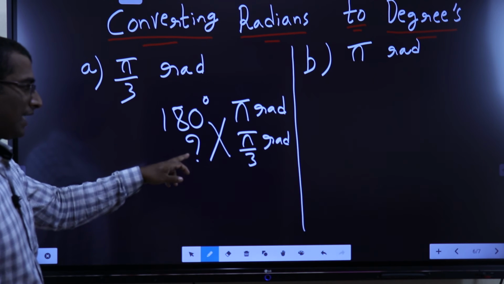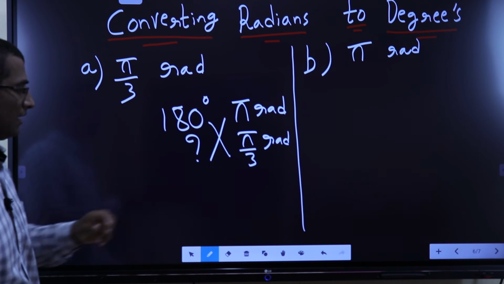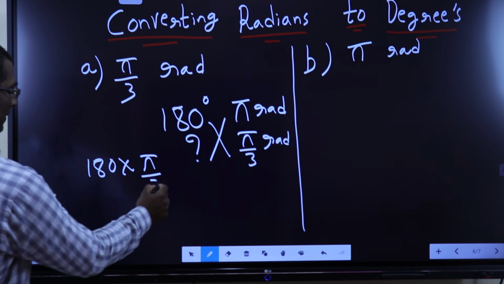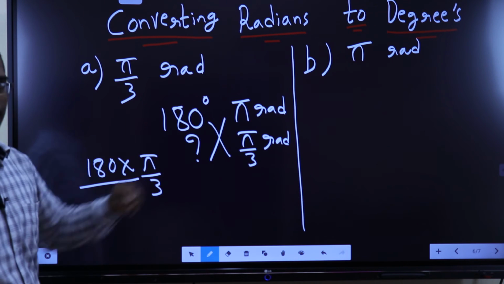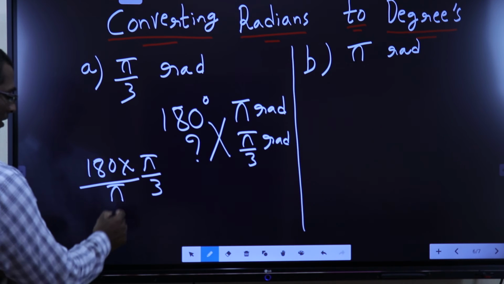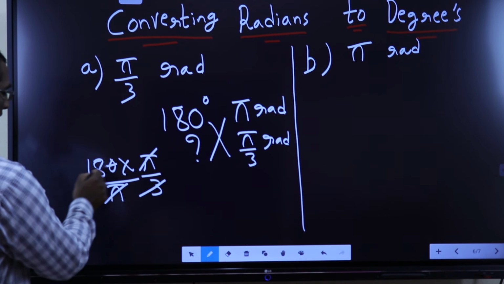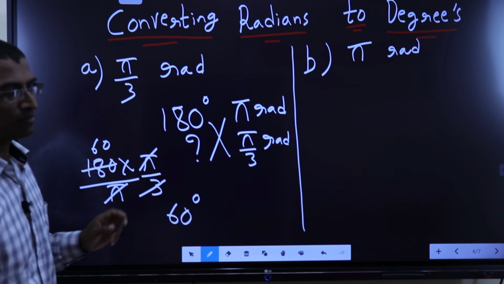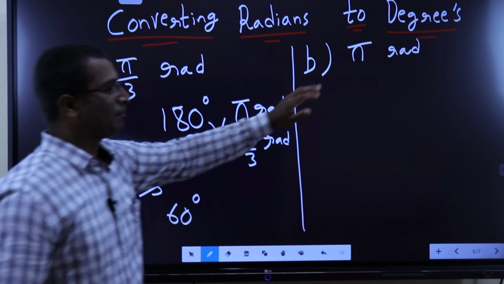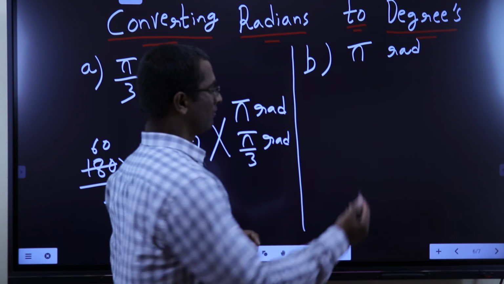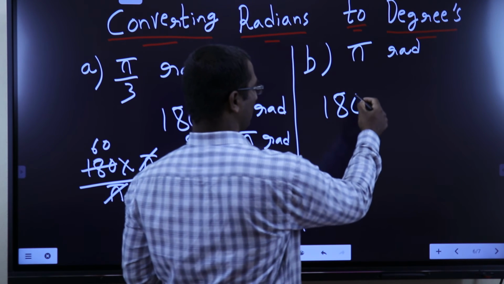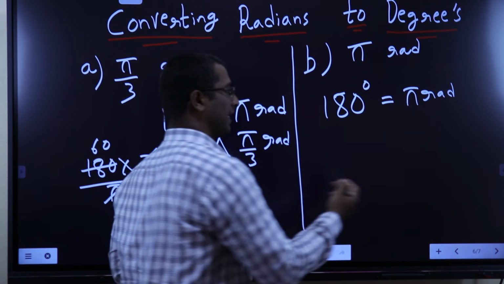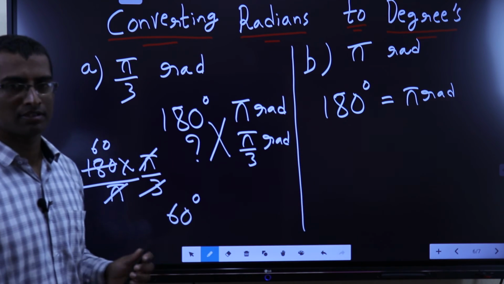I cannot multiply the question mark, so multiply the other two. That is nothing but 180 into pi by 3. Whatever is left out, write it below. Now cancel pi and pi, 3 and 60. So that is nothing but 60 degrees.